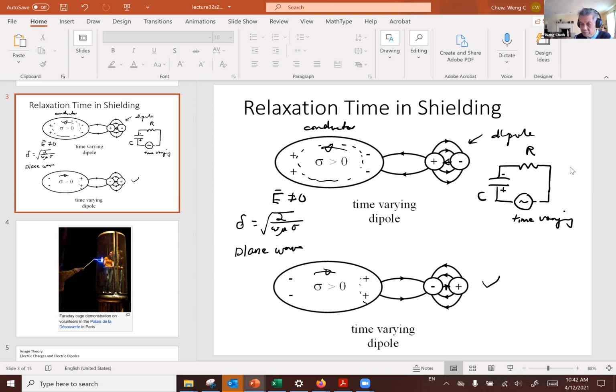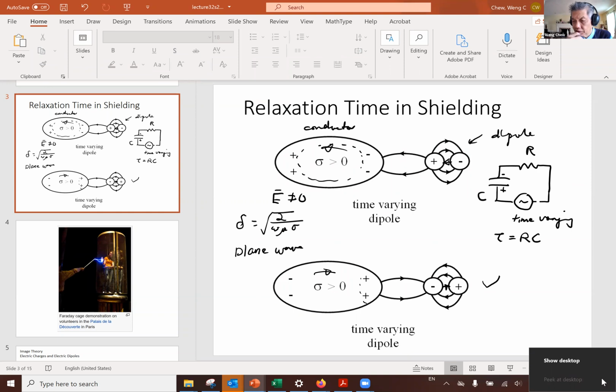And then there will be a time involved called the relaxation time. The relaxation time is the RC time constant. Okay, and it will take longer and longer for the charges to relax themselves if R is very large.